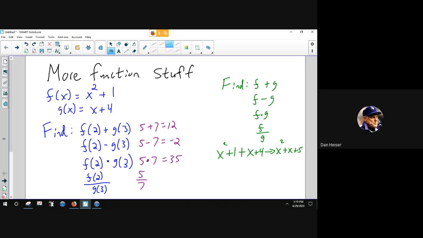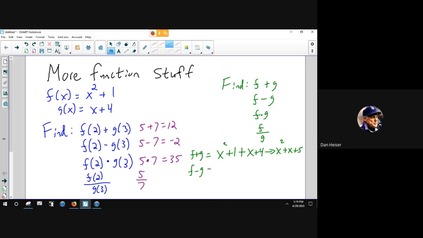And we have to be a little careful sometimes when we do this, not to confuse it with composition. Again, this is f plus g. This is not f of g. It is not f of g.